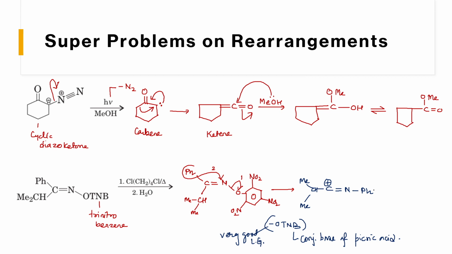Now यहाँ पे what will happen is H2O will attack and will lose H plus, and ultimately tautomerization will take place and it will generate a product like this: C double bond O and H, Ph.